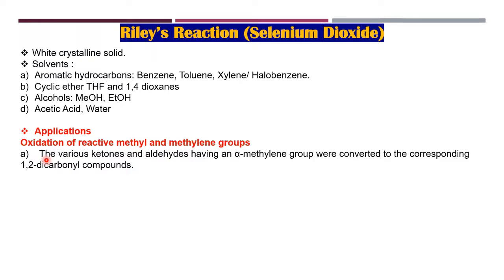Herein, various aldehydes and ketones having an alpha-methylene group, that is, the carbonyl C=O group with a CH2 or a CH3 group next to it, can be converted to the corresponding 1,2-dicarbonyl compound. So selenium dioxide, or Riley's reaction, is mainly used to prepare 1,2-dicarbonyl compounds.